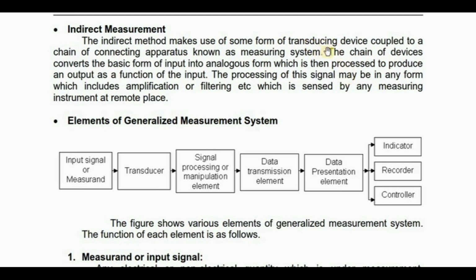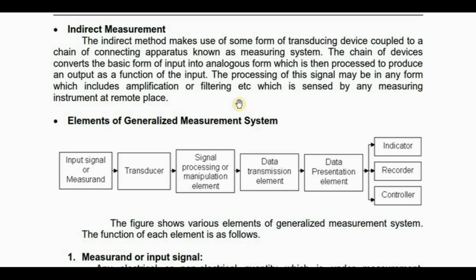Now what is meant by a transducing device? Here, whatever parameter you are going to measure is of various different units. Okay, suppose you want to measure temperature, temperature's unit is degree Celsius. If you want to measure another thing like speed, it is measured as a rotating speed, which we measure in revolutions per minute.